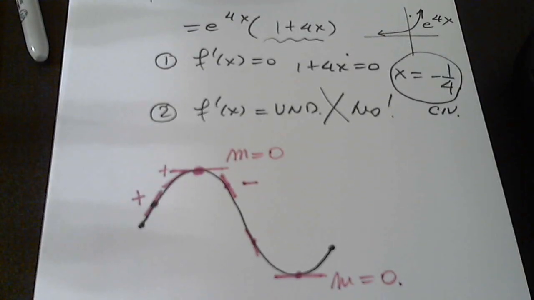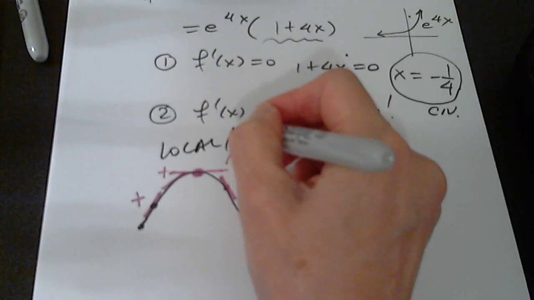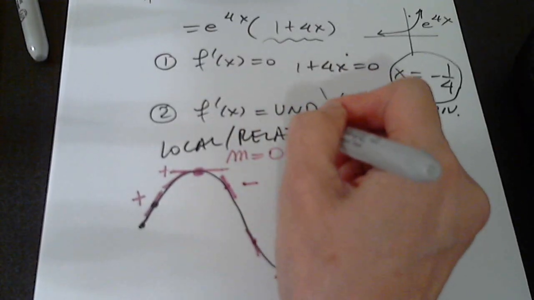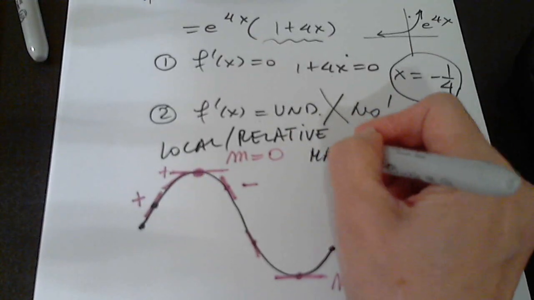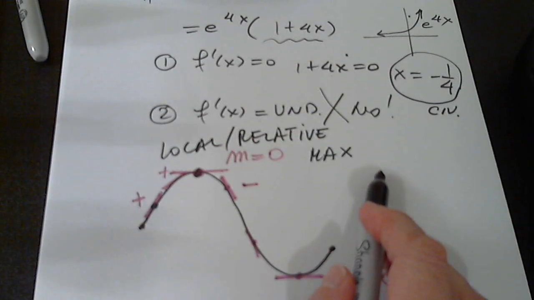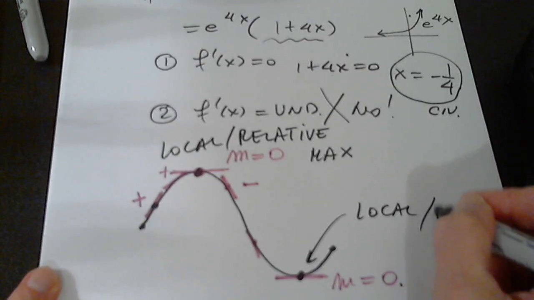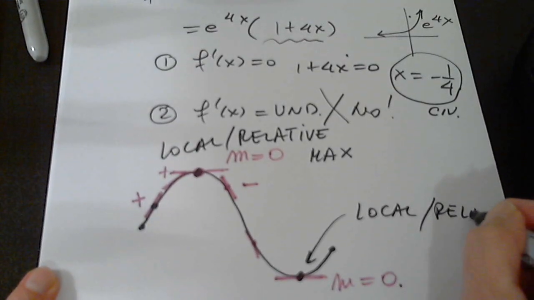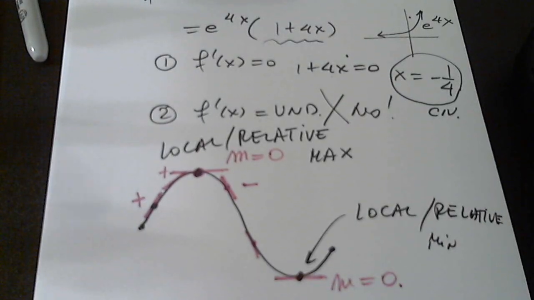So we call this a local or relative, same thing, we use them interchangeably, max. So this point is a local or relative max. Obviously, this point is a local or relative min. But see what happens left and right.